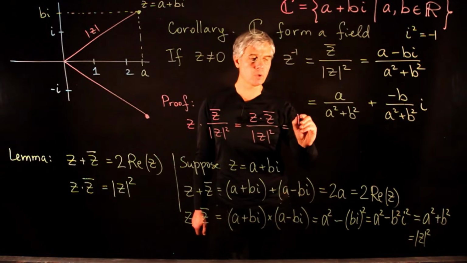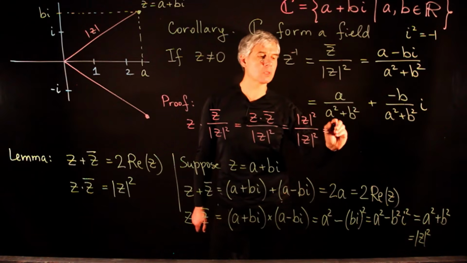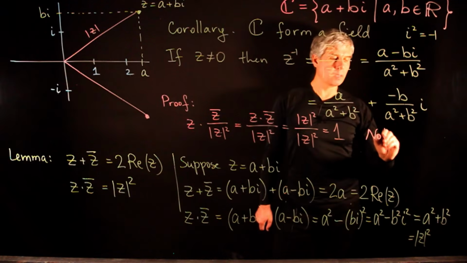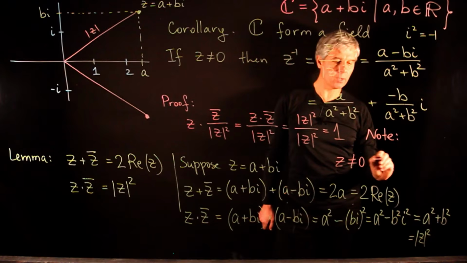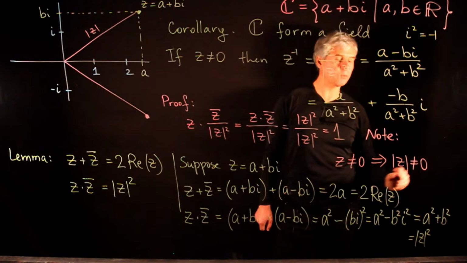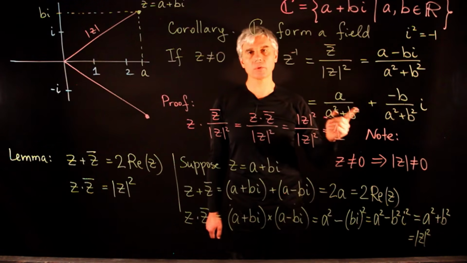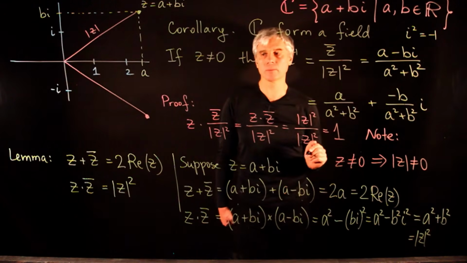And so we have the norm of z squared over the norm of z squared. And so this is equal to 1. And we note that if z is different from 0, this implies that the norm of z is also different from 0, because a squared plus b squared is equal to 0 only when both real numbers a and b are equal to 0.